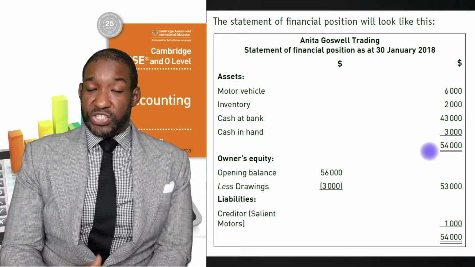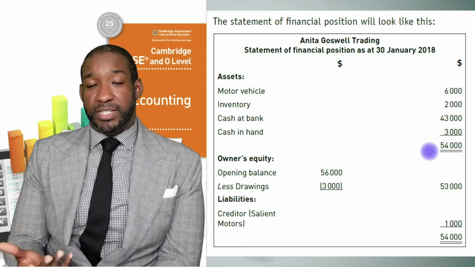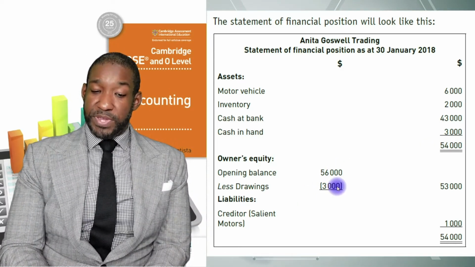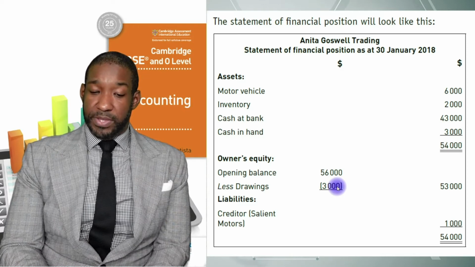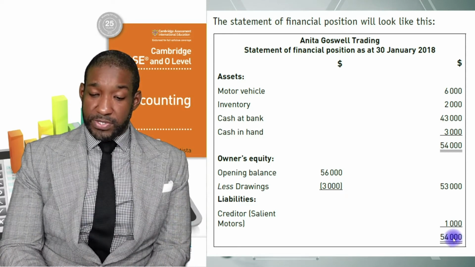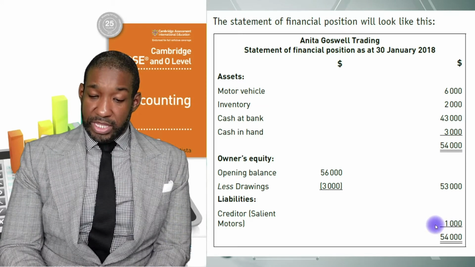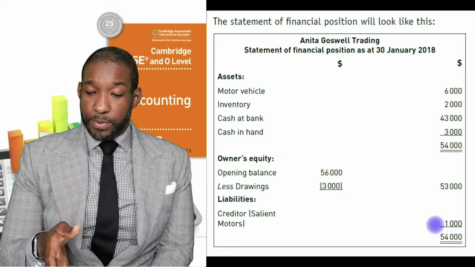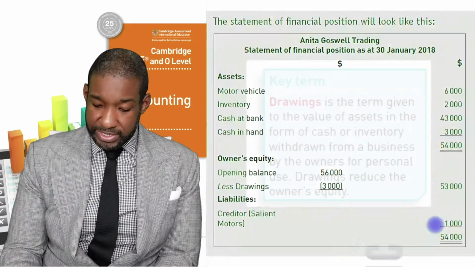Owner's equity started with an opening balance of $56,000. It has been reduced by the $3,000 in drawings. So total owner's equity is only $53,000, and the liabilities are still $1,000, which equals a total of $54,000, the same as assets.